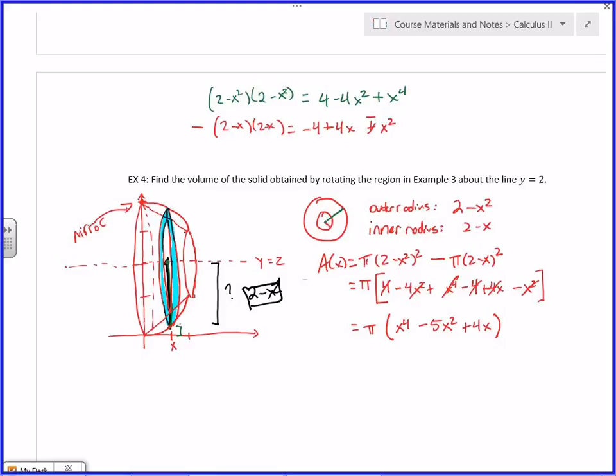Now we integrate. So the volume would be the integral of pi times x to the 4th minus 5x squared plus 4x. And what are all the possible values for the x? This can range from 0 to 1.